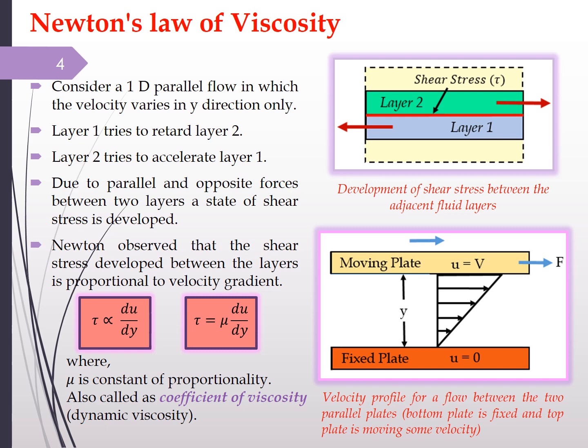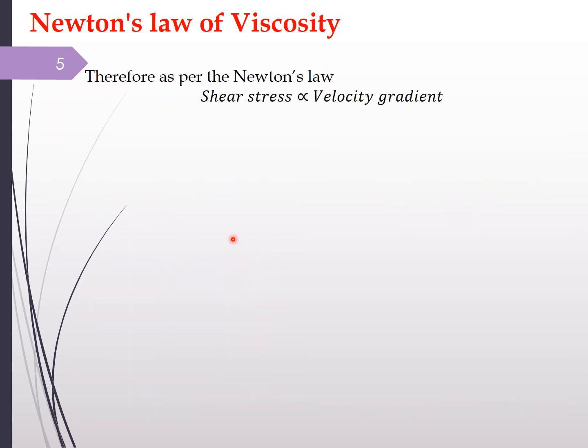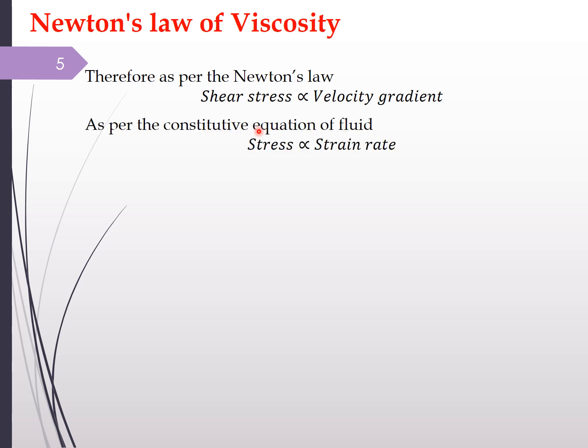So the statement as per Newton's law is that shear stress is directly proportional to velocity gradient. But if we remember the constitutive equation of the fluid, which we discussed in the very first lecture, in that case the shear stress, or stress basically, was directly proportional to strain rate.